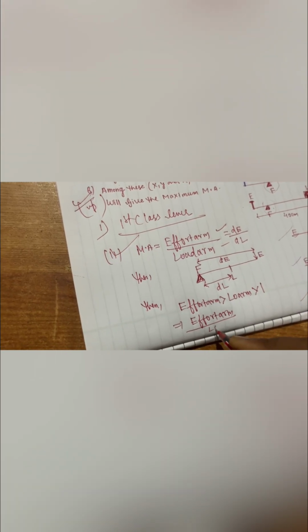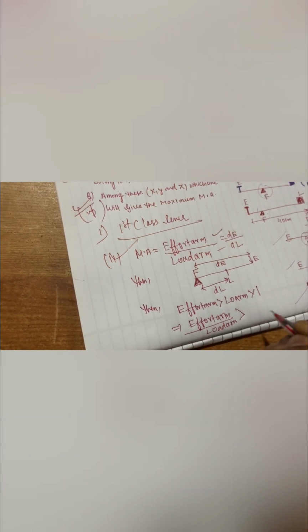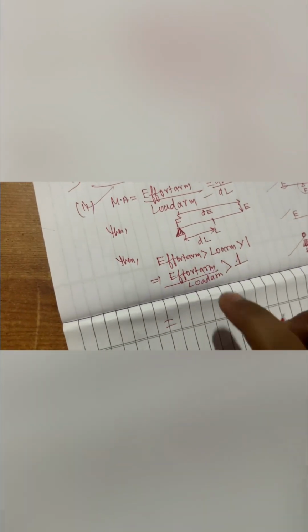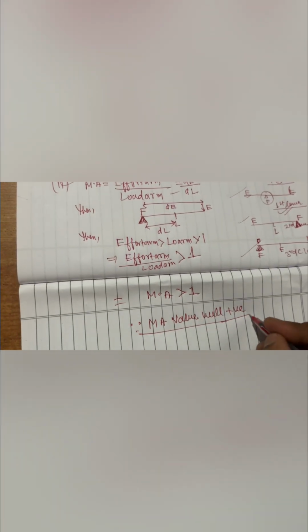So we get the inequality: effort arm divided by load arm is greater than 1. In place of effort arm by load arm, we can substitute the mechanical advantage, so mechanical advantage is greater than 1.